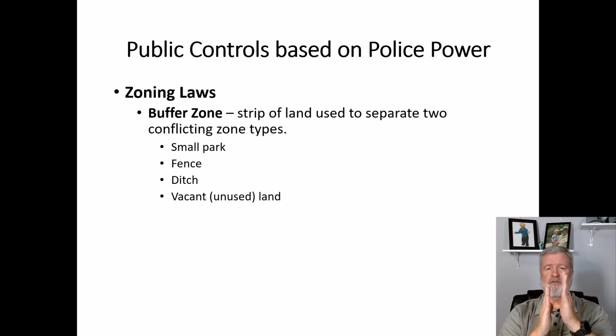Like you've got a residential property here and a commercial property here, and they're adjacent to each other. Anytime you have two conflicting zone types like that, there has to be something that separates them. And they call that a buffer zone.